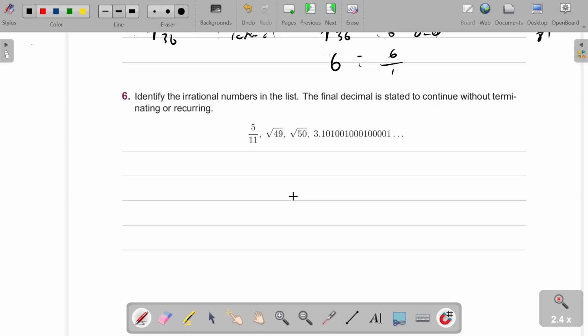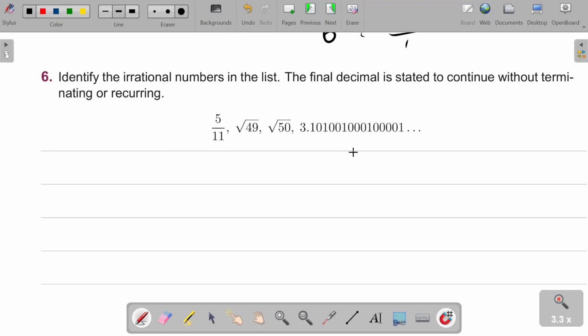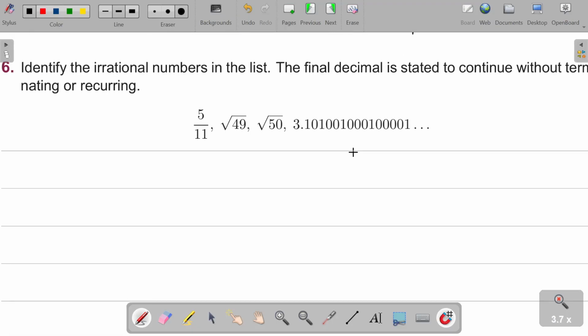Now this one wants to trick you. You're looking at 3.1010110. No, it's not. It's 3.10100010001. So you can see there's no repetition block per se. Yes, it looks like it's repeating. You see a 1 and a 0, then a 1 and a 0, then a 1 and a 0, but it's not 101010.